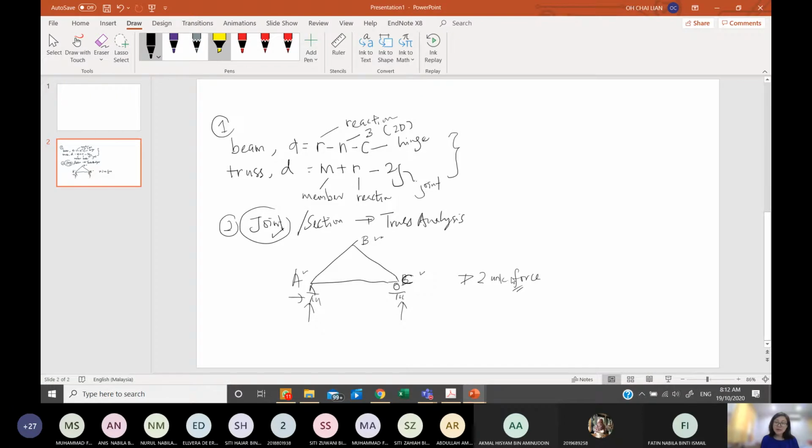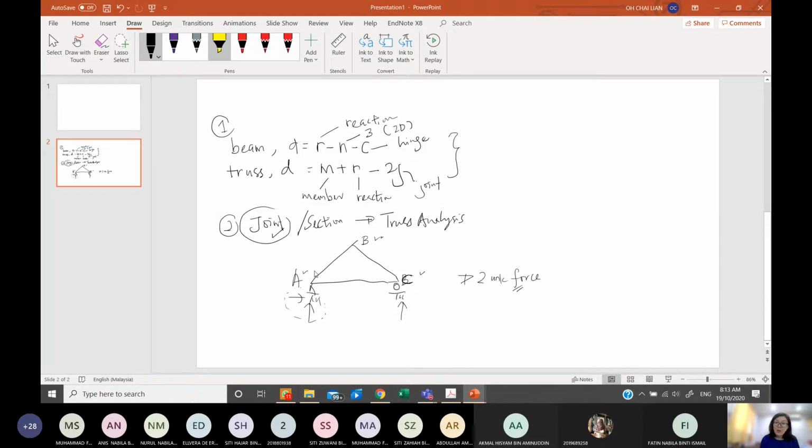I have also shared with them that if your support reactions cannot be found from the equilibrium equations, you can also start with the joint equilibrium, solving the equilibrium at the joint first without solving the support reactions. There is no problem. But the general procedure is we solve the support reactions first, then go joint by joint to solve the unknown forces.